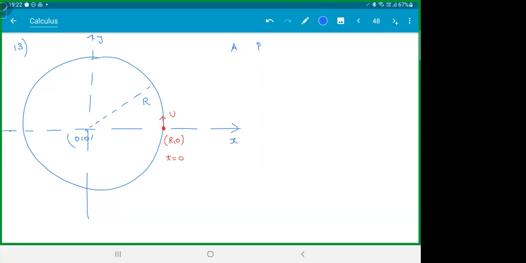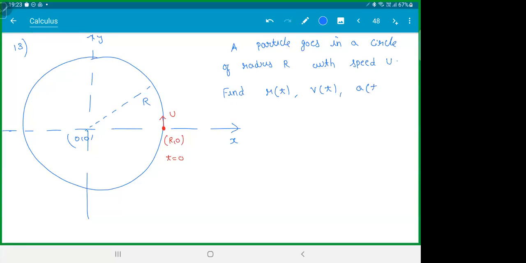So a particle goes in a circle of radius r with speed u. Find the position vector as function of time t. Find velocity vector as function of time t. Find acceleration vector as function of time t.